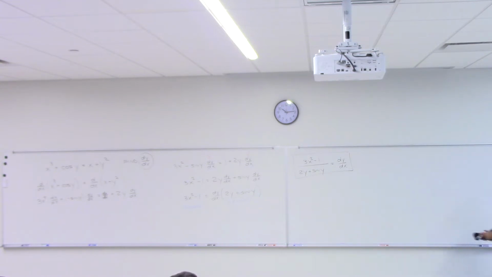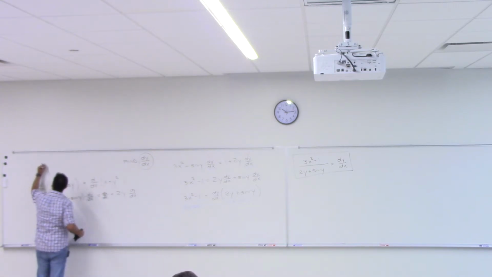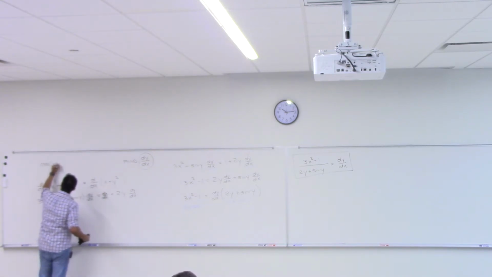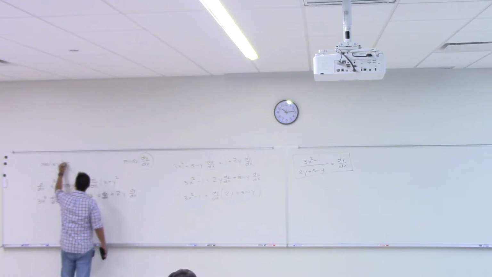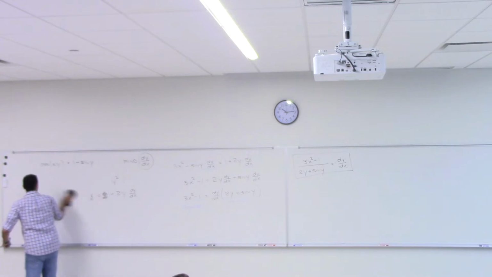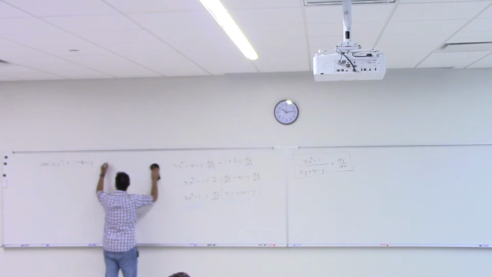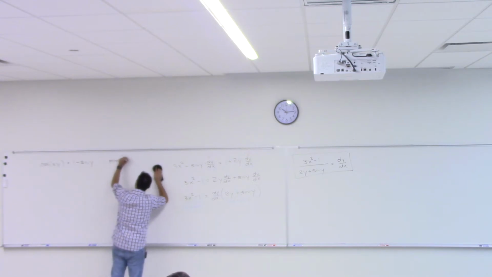Cosine of xy equals 1 minus sine y. Let's look at that graph. Same questions here. Find dy/dx.